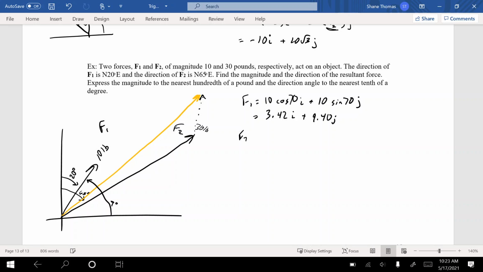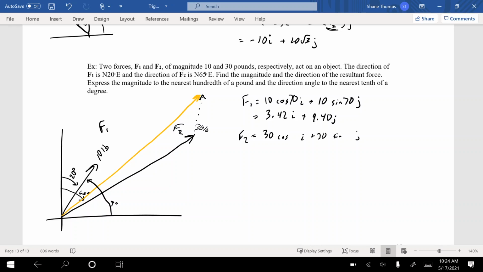F2. This one is 30 for a magnitude. 30 cosine of an angle I plus 30 sine of the angle J. Let's look back and see what this angle is. So F2 had that bearing that was 65 degrees off of north.